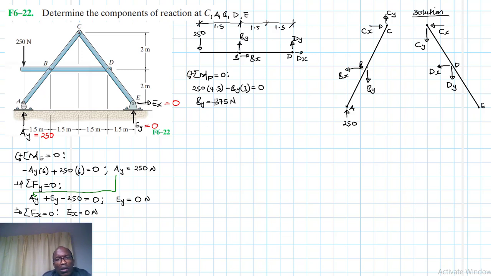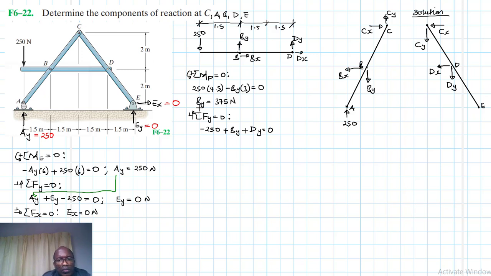Alright, so let's find what DY is. Summation of forces in the y equal to 0. What do we have? We have minus 250, let me move this just a little bit like so, minus 250 plus BY plus DY equal to 0.